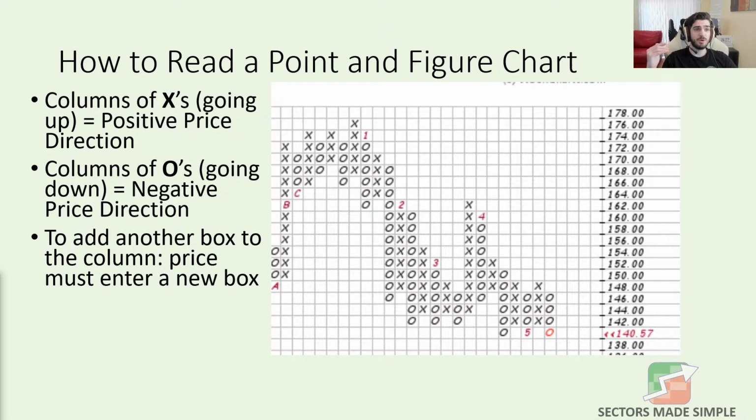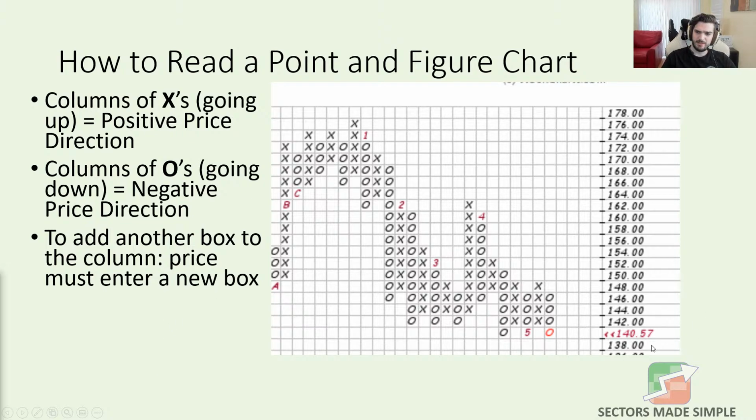To add on to the current direction, so if we're going in a column of X's up, to add another X on top of our column, all we have to do is have the price go above this little dash. You see how here it says 152 and that little dash below it? If the price goes above that 152, we would now put another X in that box. For O's, it's slightly different.